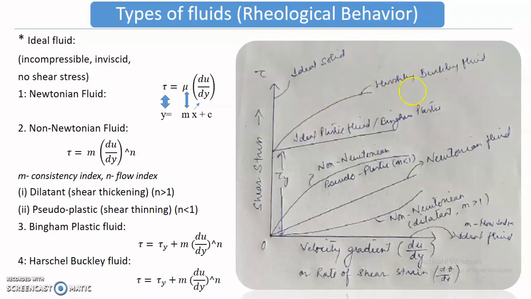After the initial yield stress, the flow starts to take place, but it does not obey Newton's law of viscosity. Rather, it flows in such a way that it obeys the non-Newtonian behavior, like this. So these are the types of fluid or rheological behavior you can study.